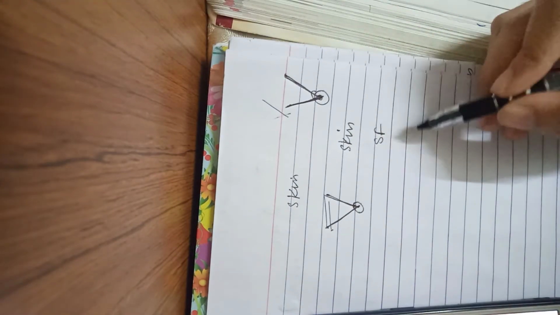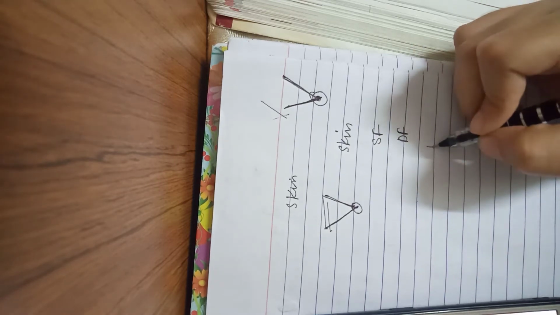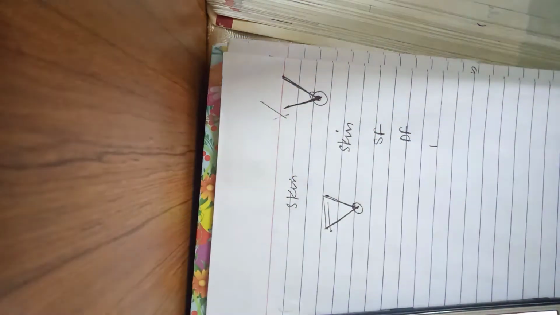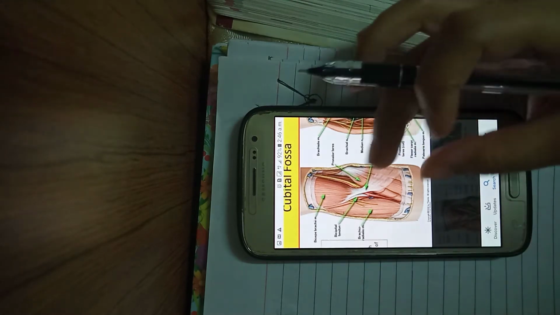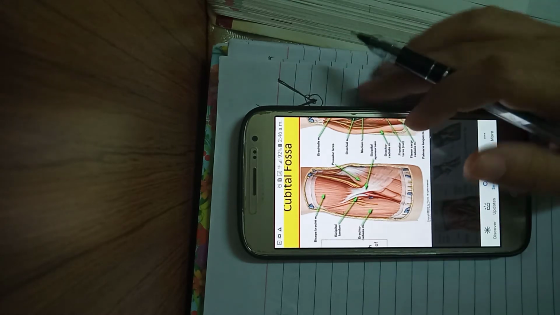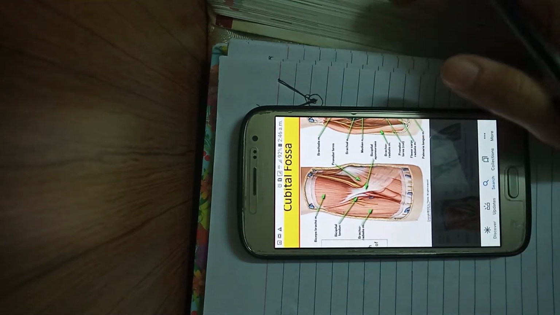From the skin, then the superficial fascia, then comes the deep fascia, and then the bicipital aponeurosis. Now what is the bicipital aponeurosis? First of all, what is an aponeurosis? An aponeurosis is a flattened tendon.